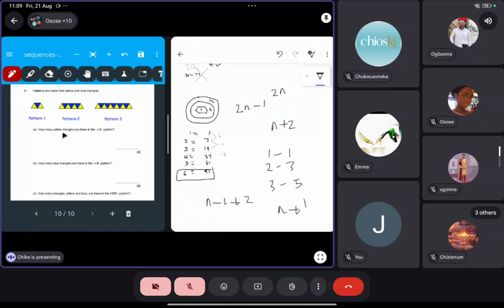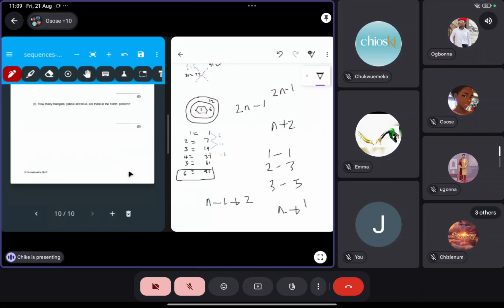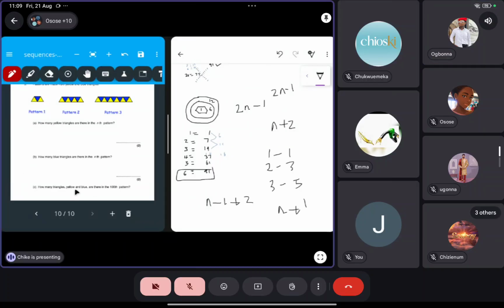And we've gotten the nth term for yellow to be 2n. That means to get the blue, it will always be less by 1. That's why I write this. Are we following? Yes, sir. All right. Now the next one, which is I think the last under that pattern, says how many triangles, both yellow and blue, are there in the 100th pattern?